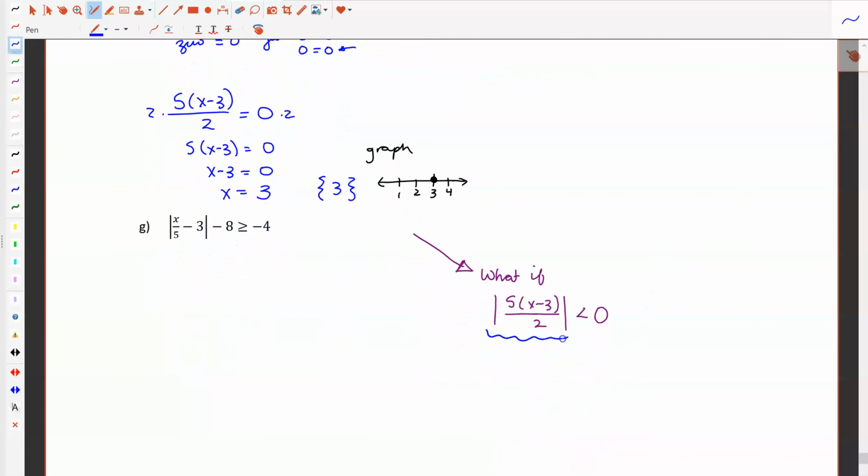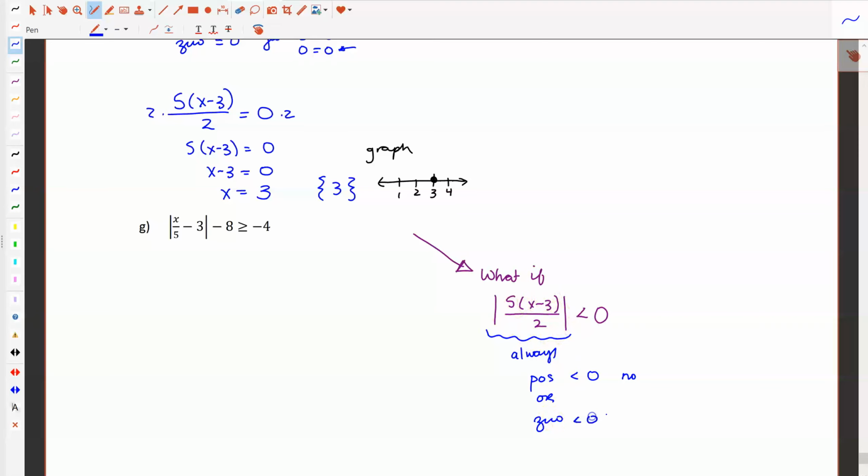Now, again, remember that's going to happen on this left-hand side. This is always going to be positive, or it's going to be 0 as its output. That's the only thing absolute value can give me. What if I can get this to give me some positive number? Is a positive number going to be less than 0? No. What if I can get this side to give me a 0 as its output?